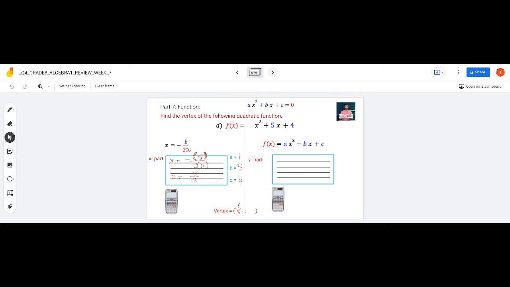How do we get the y part? I'm just going to rewrite the f of x as y.